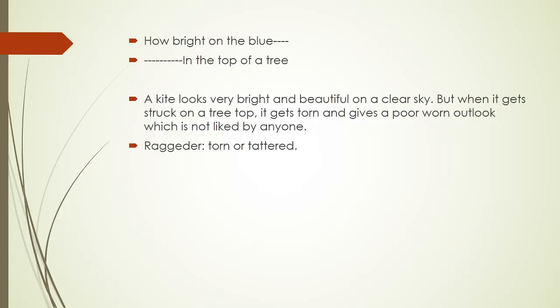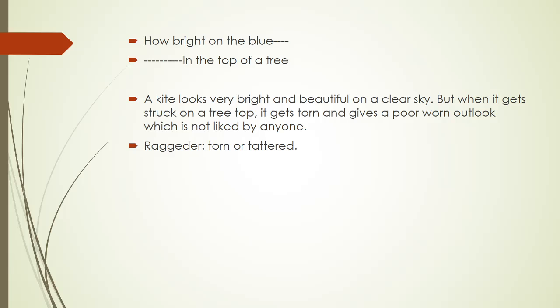Next, a kite looks very bright and beautiful in a clear sky, but when it gets stuck on a treetop, it gets torn and gives a poor, worn out look, which is not liked by anyone. In the end, this whole process of kite flying: it goes up, and when the wind is blowing, the flyer finds it interesting to fly the kite. Then one time comes when it stops there, as if standing still.